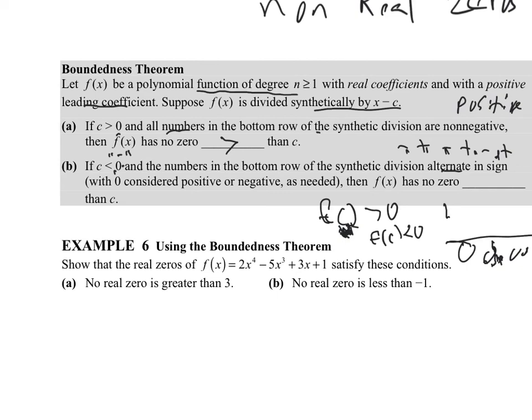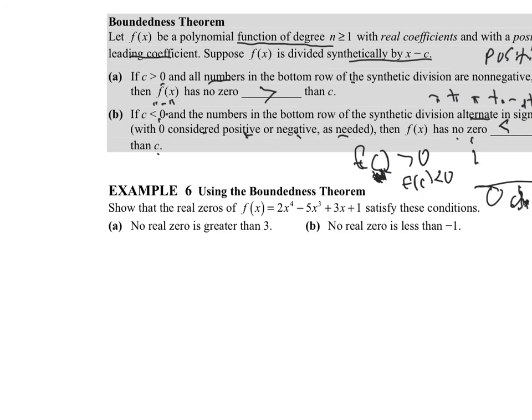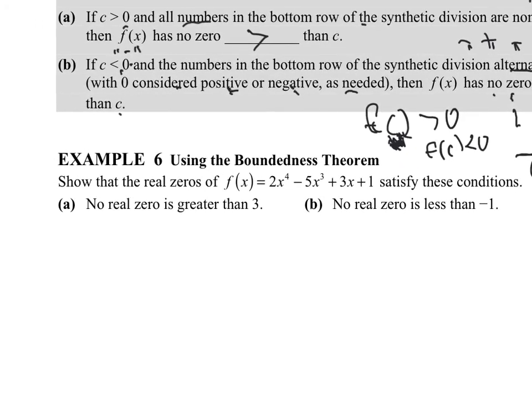We know that f of x, with 0 considered positive or negative as needed. So if you get a 0, you can call it whatever you want to make the pattern work. Then no zero less than c exists. Again, this theorem is only good for if you didn't have calculators, like in the old days.